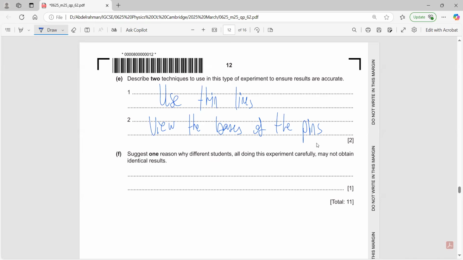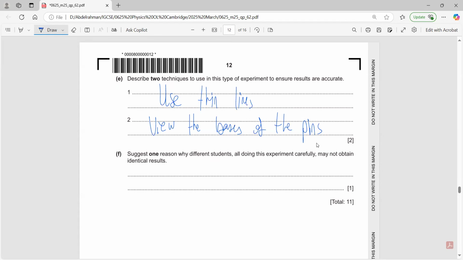Give one reason why different students all doing this experiment carefully might not obtain identical results. If several students do the same experiment, they might not find the exact results, so their answers might differ slightly. Why?